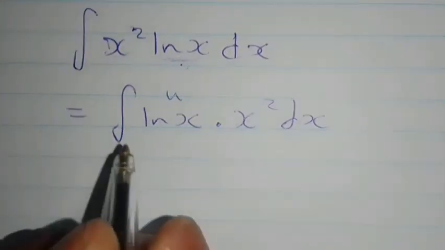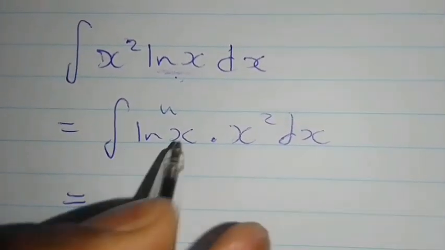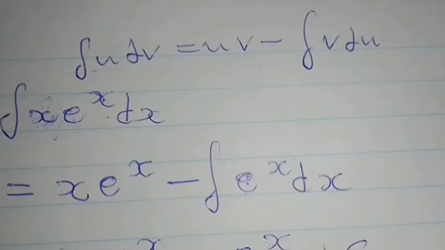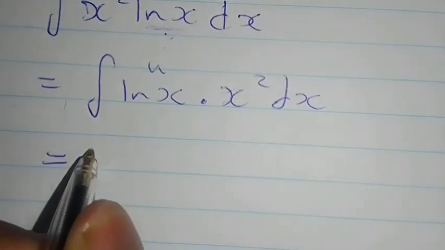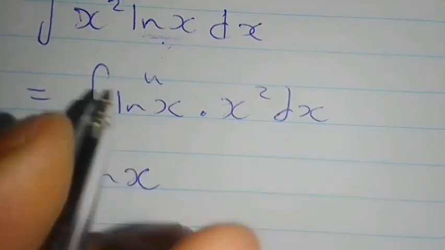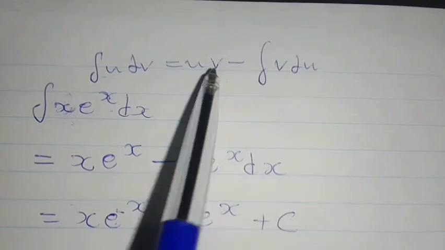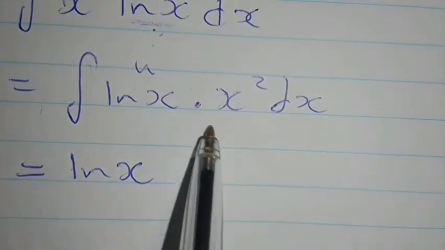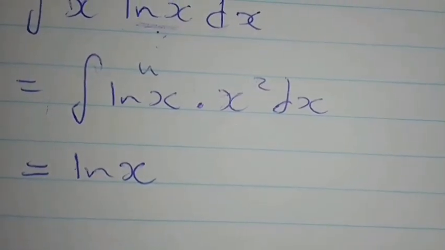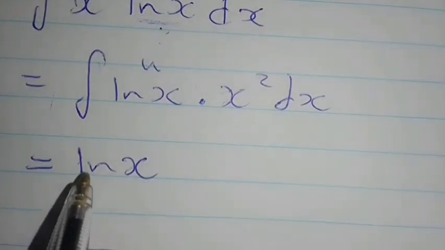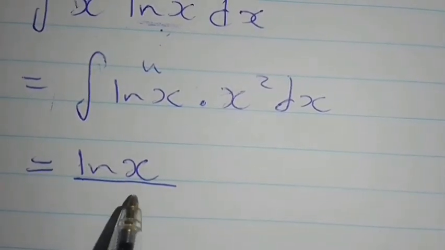Now if I apply integration by parts, I'm just going to use this formula there. So I'll have u, which is ln x, and then I multiply by the integral of x squared. The integral of x squared is going to be 1 over 3 x to the third.